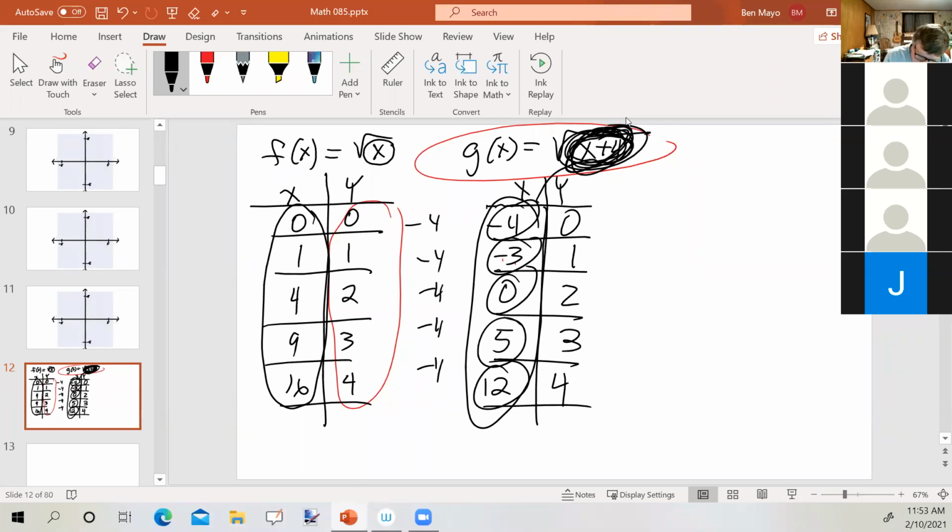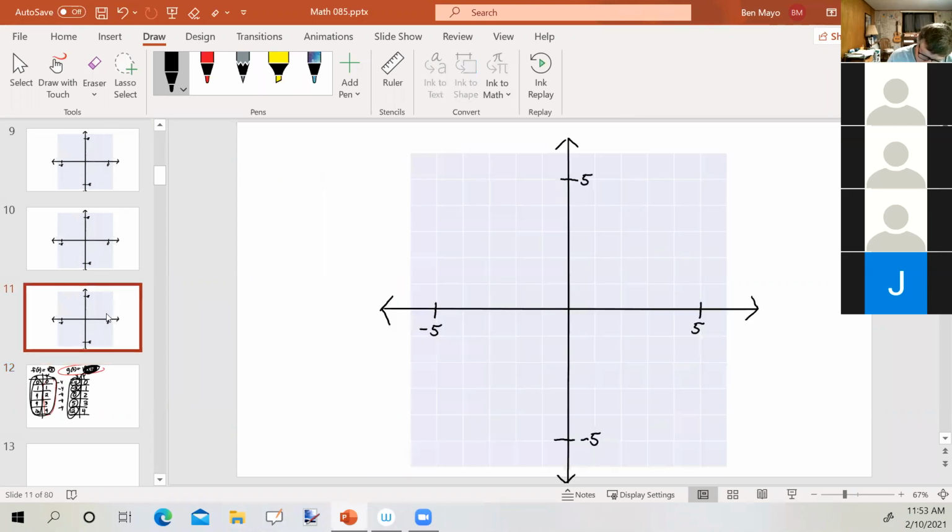Now, I'm going to graph this one. This is going to be a little bit tricky because I'm going to switch back and forth the graphs here. Let's see, 0, 0, 1, 1, 4, 2, and then after that it goes off the grid. So that's f of x equals the square root of x.